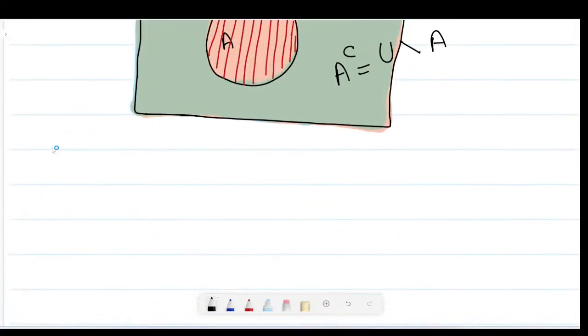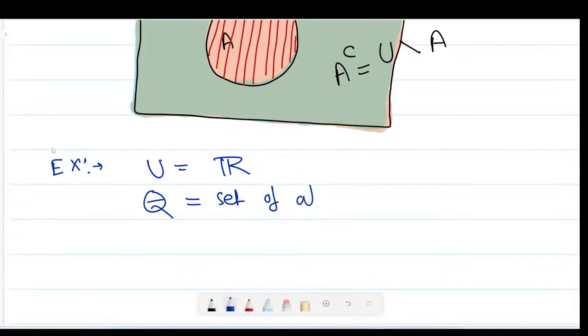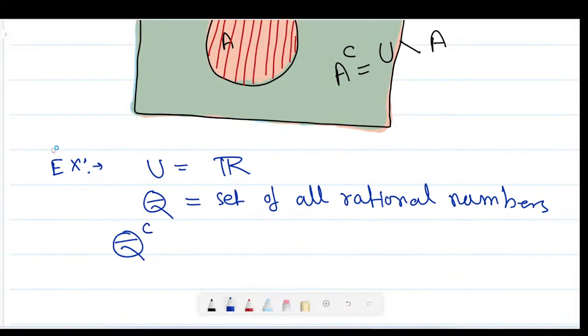Next, I am taking another example. If my universal set is the real set R, and Q is the set of all rational numbers, then this is the collection of all those numbers which are not rational.